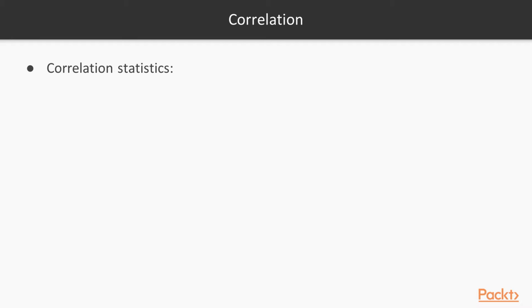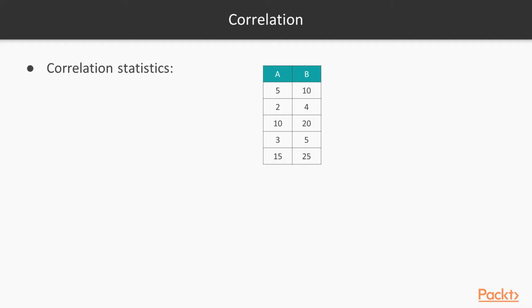The most relevant statistic when dealing with the relationships among data is correlation. Correlation is a measure of how much the variation in a set of data is associated to the variation in another set of data. Take, for instance, those two short series of numbers.